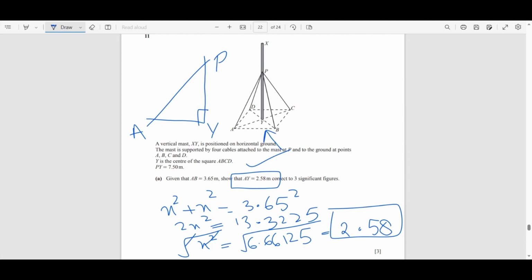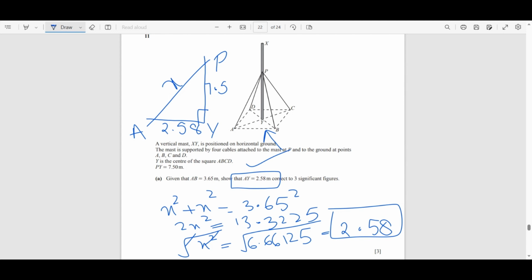Okay, so PY we already know from the question is 7.5. AY we just calculated, and it was also given. Even if we couldn't get part A right, we still know from part A that AY is 2.58, so we could still use it. You need to calculate PA because PA is one of the supporting cables.